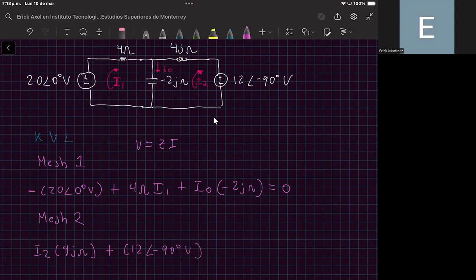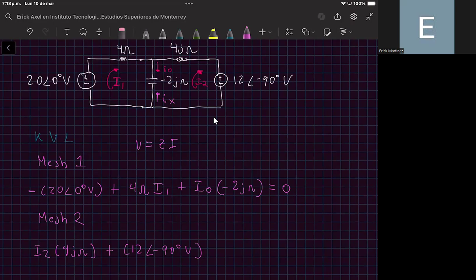But I am missing something. I am missing to consider the voltage in the capacitor, okay? But to compute this particular voltage, I will assume that there is a current right here that is flowing in this direction, okay? That is flowing also in the same direction in which the current I2 is flowing, okay? So let's label this as Ix, okay?